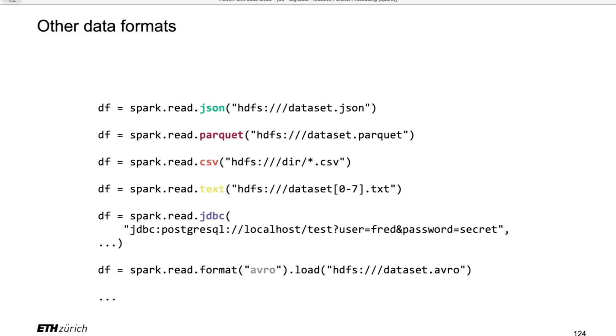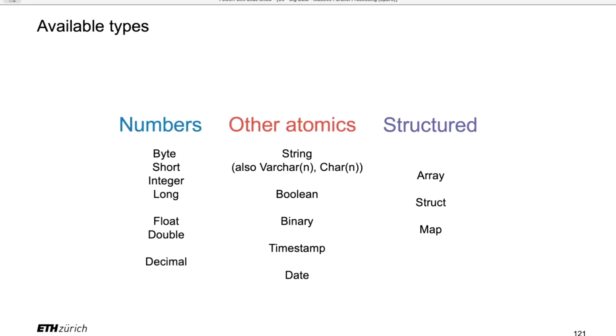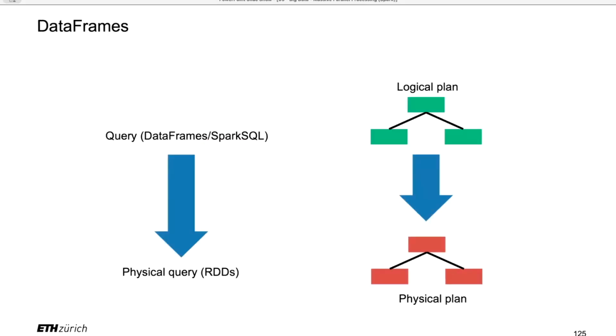Right, so that's just a restaurant menu. These are all the formats you can have. These are all the types you can have for data frames, right? So then you just pick according to what you need.